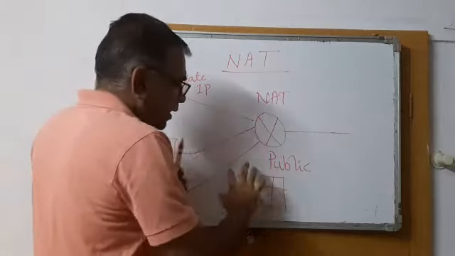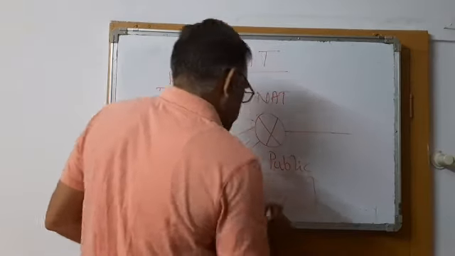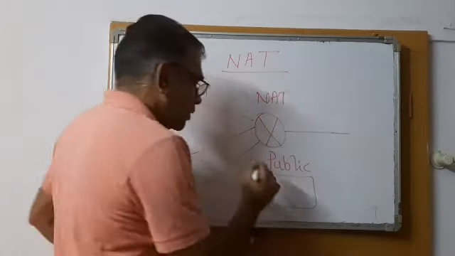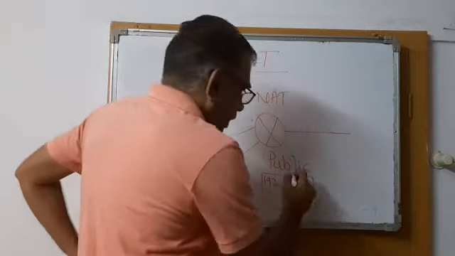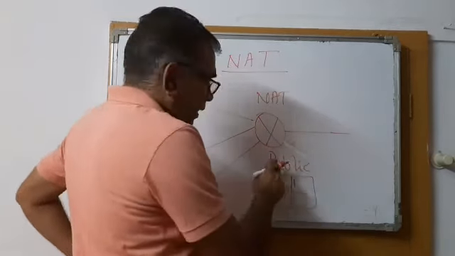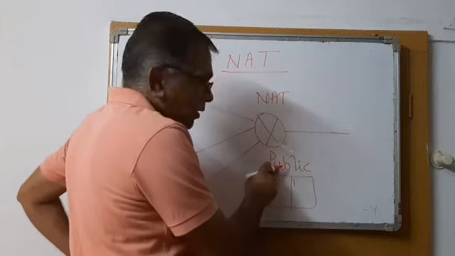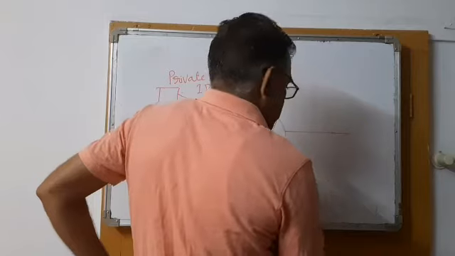Actually, this table contains two types of addresses for identification of the machines. One part is their private IP address. The other part of this table contains the public IP address of this organization, plus some port number we are going to assign.